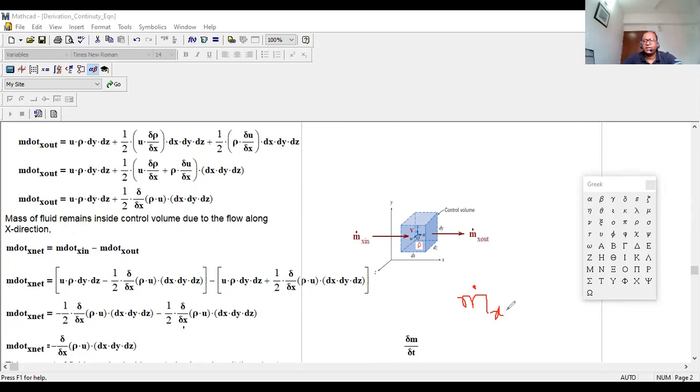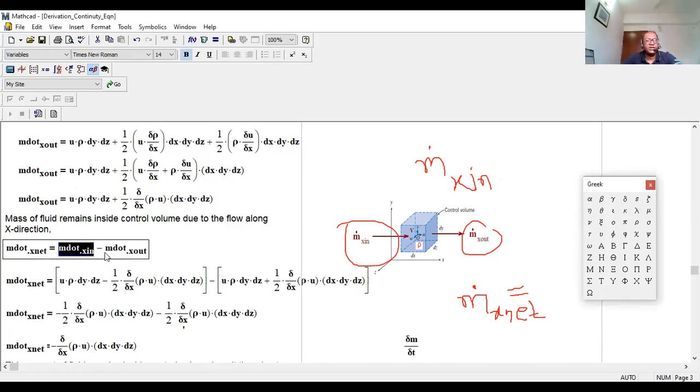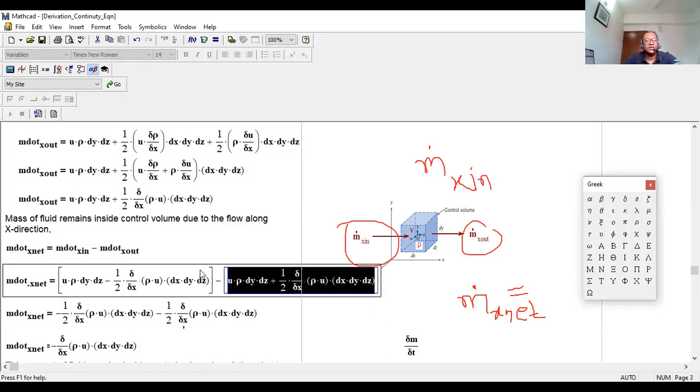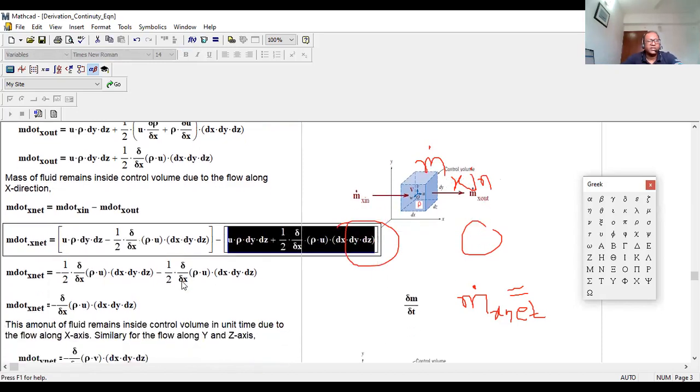Then you say m dot x net. This is equal to how much? You write m dot x in minus m dot x out. So you subtract these two values, m dot x in, m dot x out. This is the in, this is the out. We already figured these out.